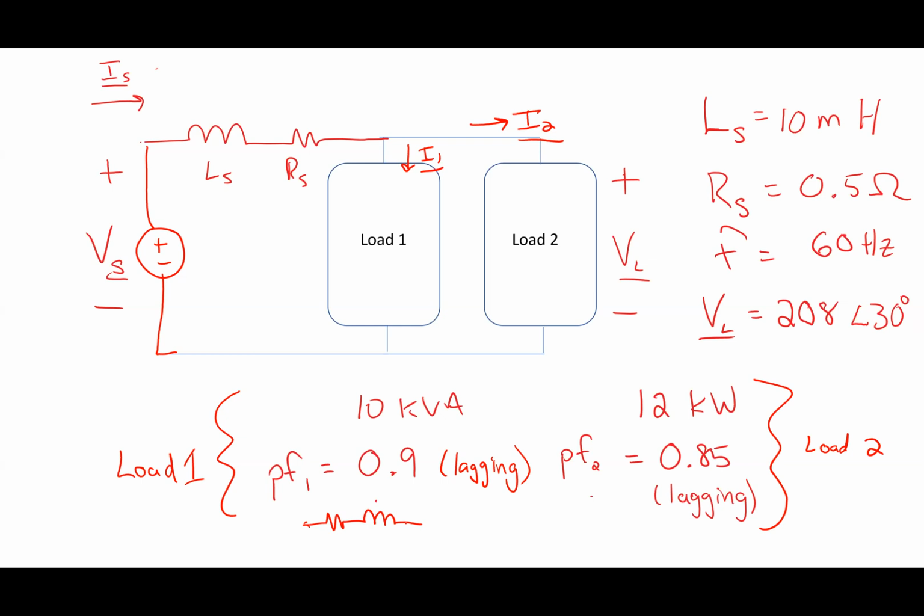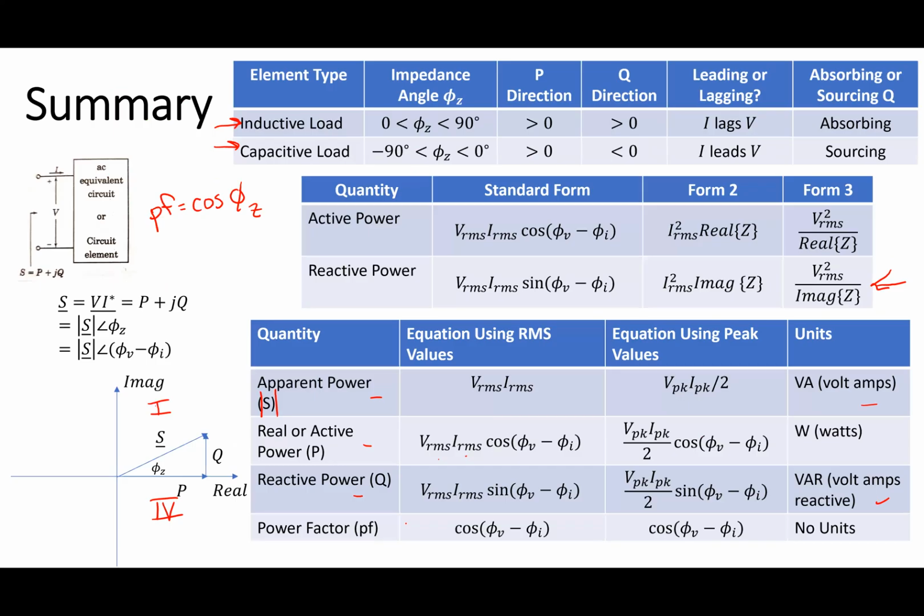When I say it has a lagging power factor, the load needs to be inductive, somehow having an inductive impedance, because an inductive load always has its angle in the first quadrant, between 0 and 90 degrees. We went through why that happens last week, and you can go back and review that. But basically, for an inductive type of load, it's going to be a positive angle.